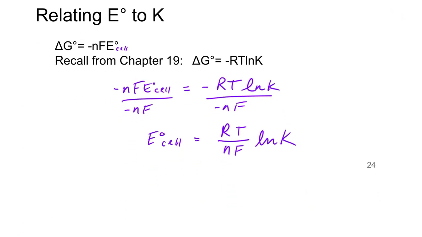Oftentimes, we don't use the natural log, we use the log base 10 form. And we may recall that 2.303 times the log of some value x is equal to the natural log of that value. So I'm rearranging this again to get us to what's called the Nernst equation, which is a really useful, powerful equation.